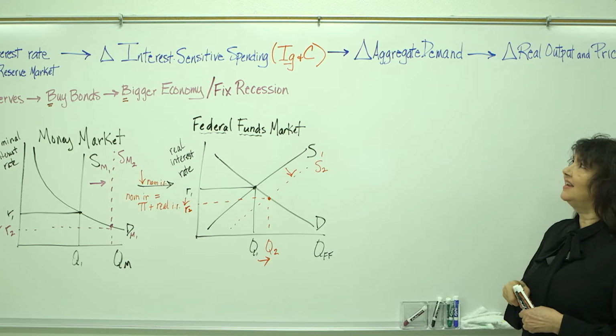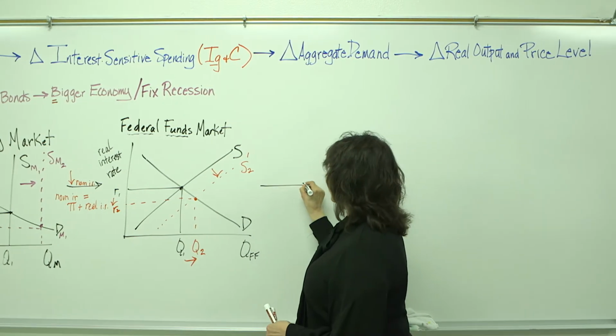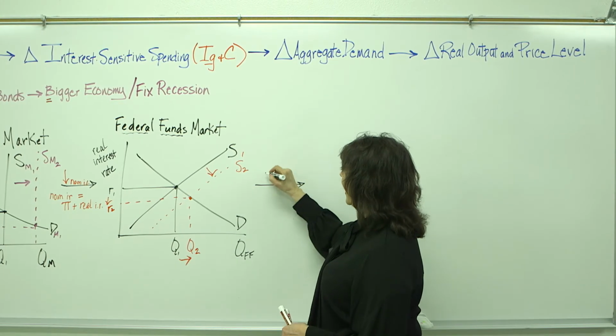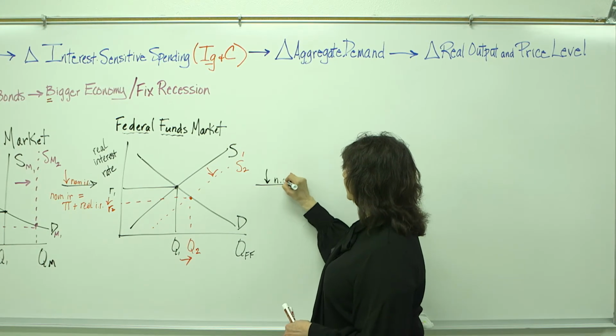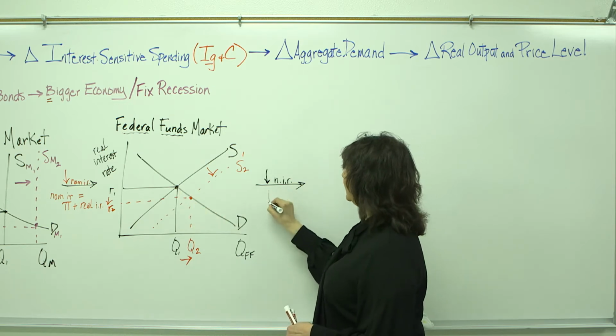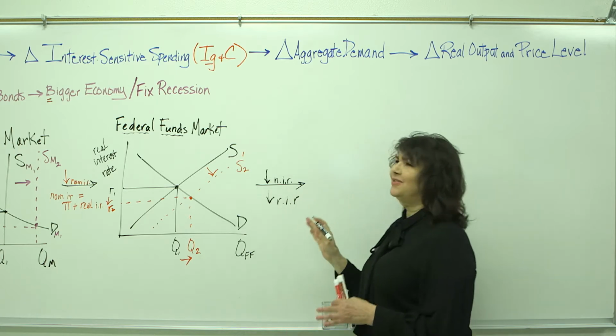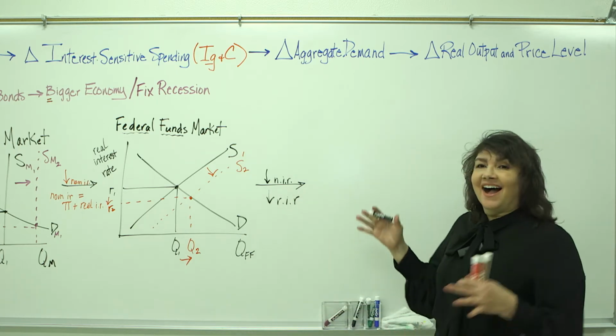So exciting. So now, I know that I have a decrease in the nominal interest rate, and because I don't have any information on inflation, I have a decrease in the real interest rate. Who loves that? Who thinks that's just great?